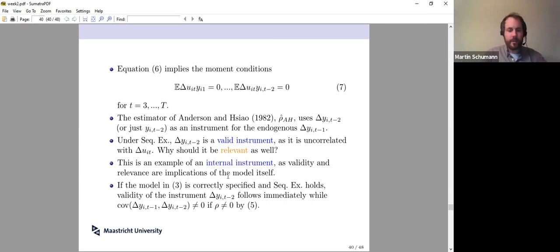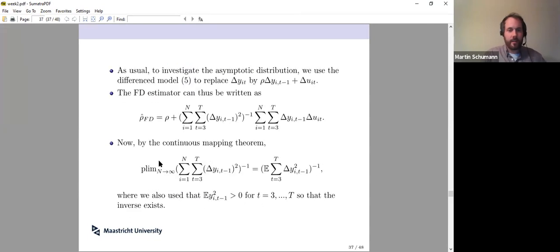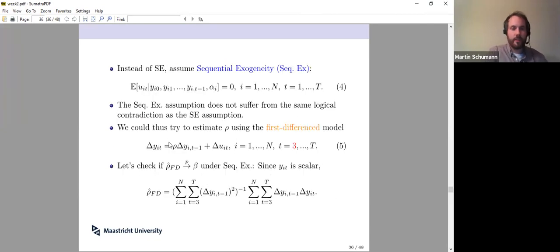So pretty much if you look at our first difference model, and you look at Δy_i,t-1, then you see that it actually depends on Δy_i,t-2 if rho is non-zero. And if rho is non-zero, you know already that there will be some correlation between Δy_i,t-2 and Δy_i,t-1.